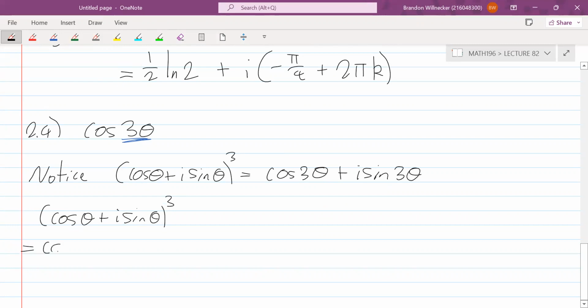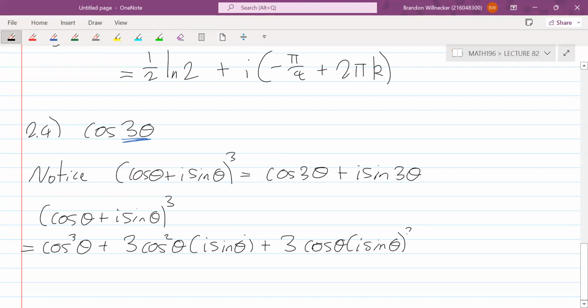Okay, that's going to give us cos cubed theta plus, and then our first binomial coefficient, that's 3, that's cos squared theta i sine theta, plus the next binomial coefficient, that's going to be 3 again, but now we have cos theta times i sine theta, all of it squared, the i is included, and then plus i sine theta cubed, and again the i is included, so all of it is cubed.